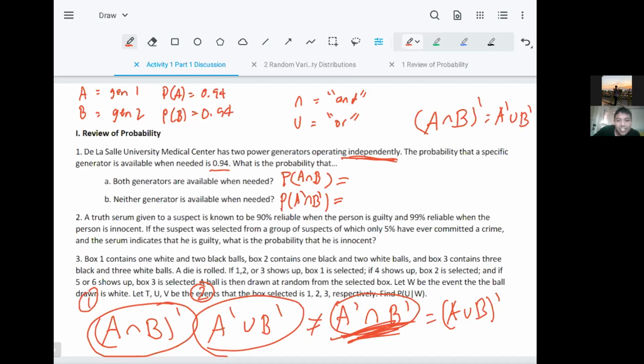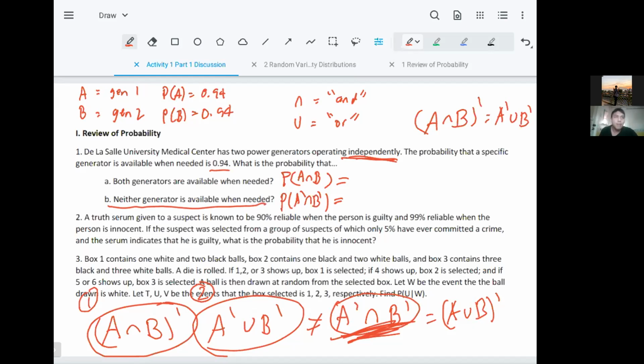Sige, ayan, ni-receive na. Kapag neither nasa intersection nor is union, di ba? Ang neither nor ay magkapares lagi. Sige, wait lang. Yun muna sagutin natin. Pag sinabi si neither generator, itong expression na ito, itong B, it's similar to saying na neither generator A nor generator B is available.